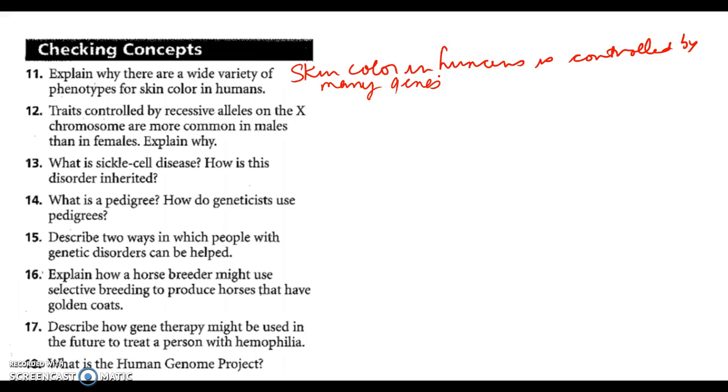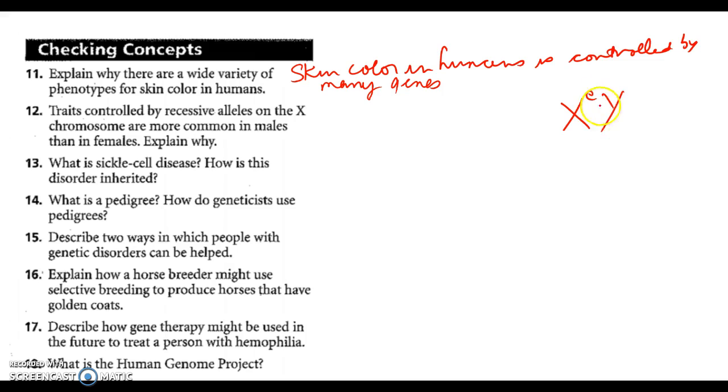Right, number 2, traits controlled by recessive alleles on the X chromosome are more common in male than in females. Explain why. If a male has an X with that recessive allele, let's say it's color blindness, he does not have another X that can mask it.